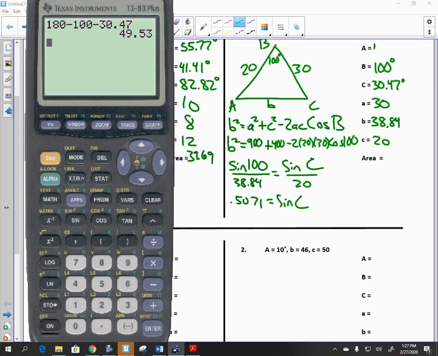Area, 1/2 times 20 times 30 times... Yep, got to choose the angle that sits between the two sides. 295.44.